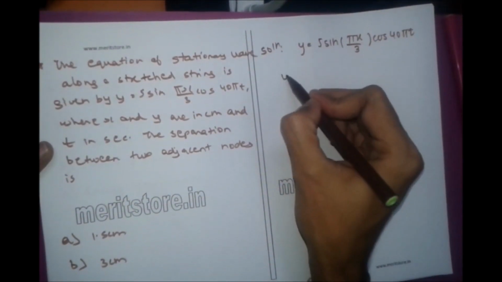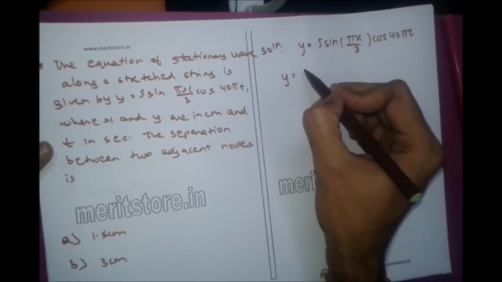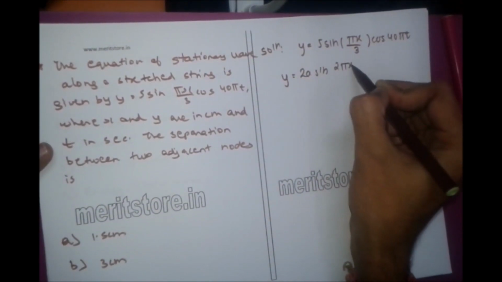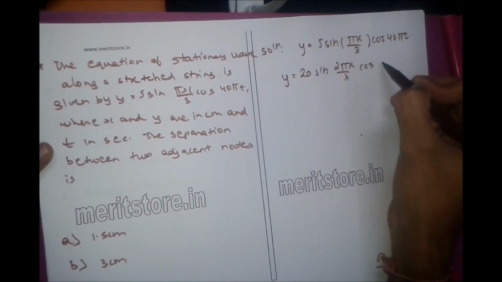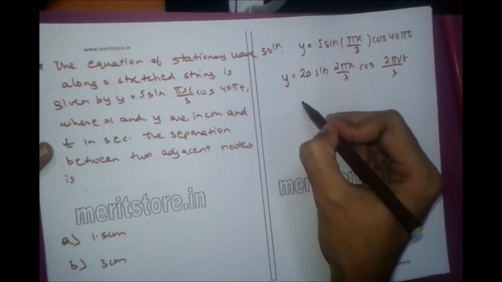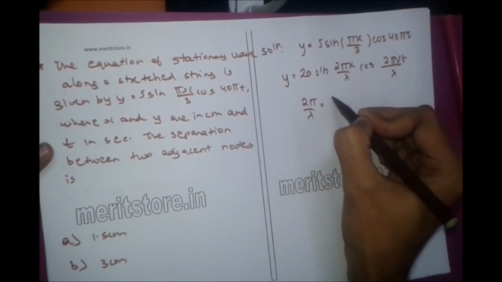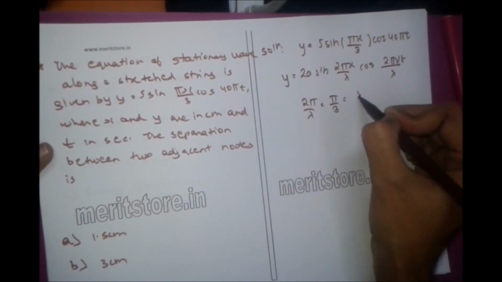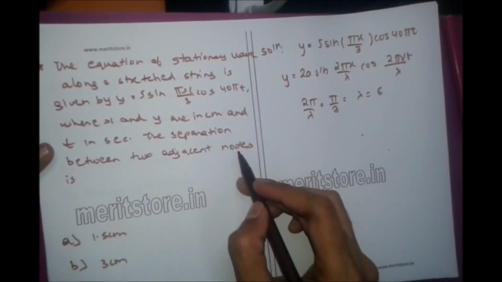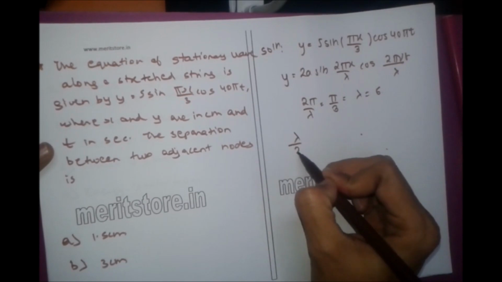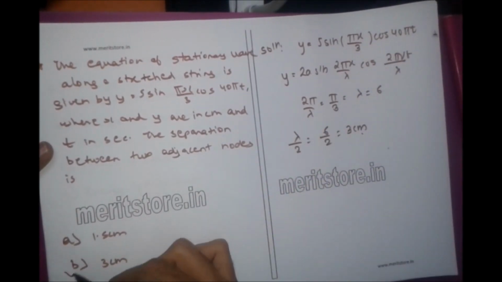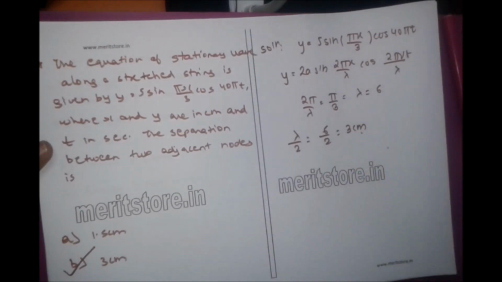We'll compare this equation with our standard equation y equals 2a sin(2 pi x upon lambda) cos(2 pi vt upon lambda). So we get that 2 pi upon lambda equals pi upon 3, where the value of lambda is 6. The separation between two adjacent nodes comes out to be lambda by 2. So we have 6 upon 2, that is 3 centimeters. So your option B is the correct option.